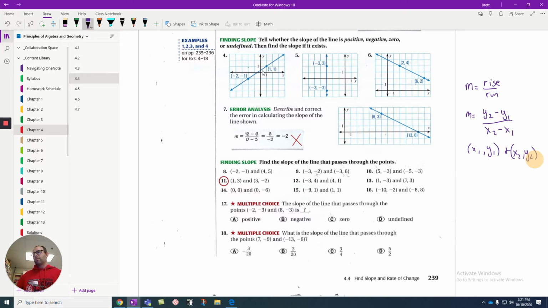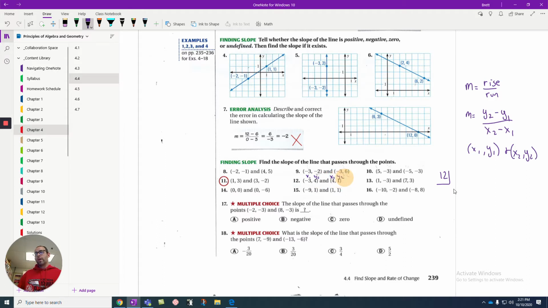And so what we want to do is try and find the slope in each of these problems. So let's take 2 examples. I'm going to start with question number 12 here, and then we'll come back and look at number 5 and some of the special cases. On number 12, it doesn't matter which point is point 1 and which point is point 2, but I'm just going to always label x1, y1 first, and then x2, y2.